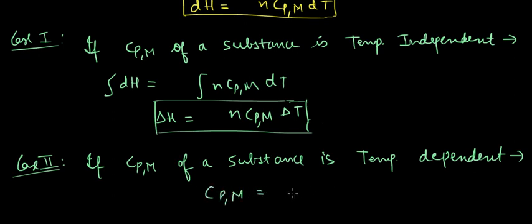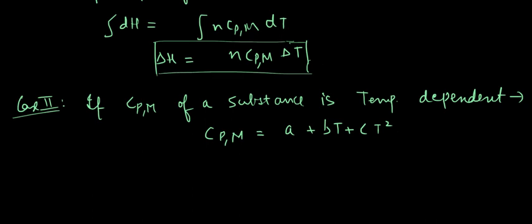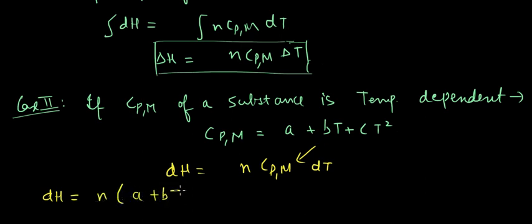So let's suppose a plus bT plus cT square. So in the equation dH equals n Cpm dT, in place of Cpm we substitute these values, so we get dH equals n times a plus bT plus cT square dT.